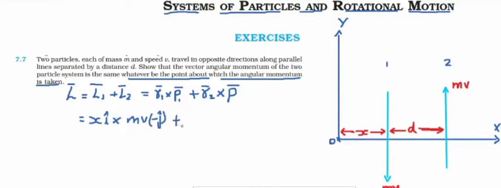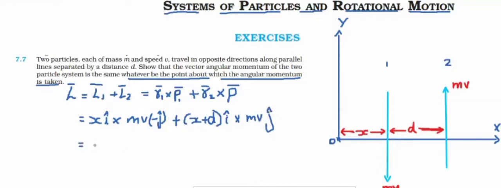Plus, come to the second particle. The second particle's distance is x plus d, along the x-axis, so i cap cross momentum mv, which is along the positive y-axis, so j cap.